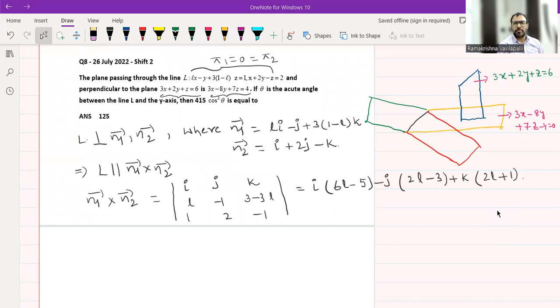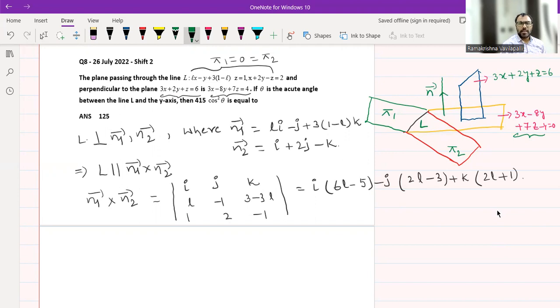Assume this is plane 1 and this is plane 2, and this is the line of intersection of these two planes. This plane contains this L and this plane is perpendicular to this plane. So now L lies on this plane, so the normal of this plane is perpendicular to L.